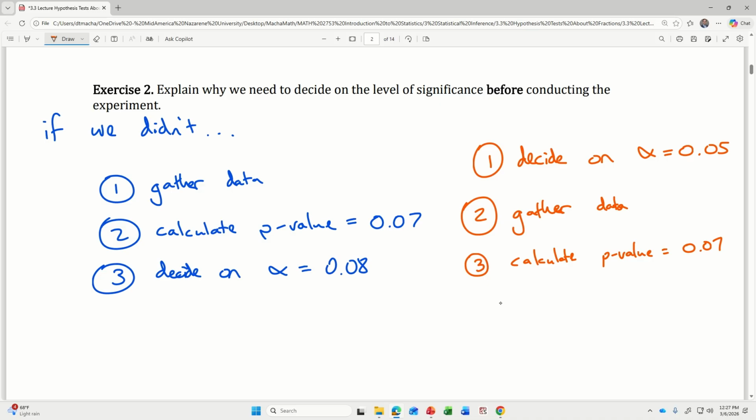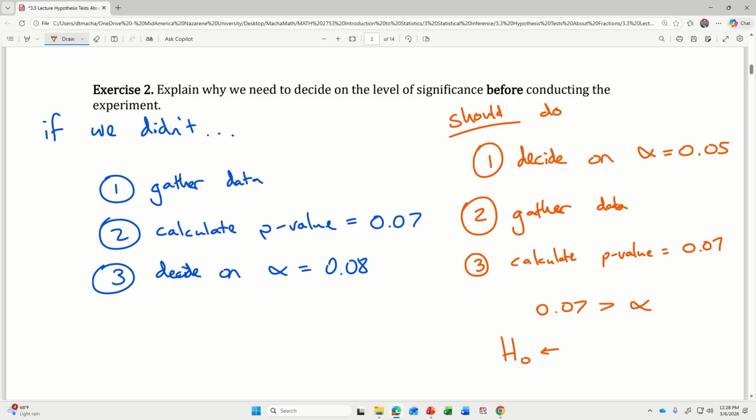Well, in this situation, which is what we should do, 0.07 is greater than your level of significance, and so we conclude in favor of the null hypothesis when we publish. The whole idea is you want to be unbiased by the data before you make this decision. You need to decide how much evidence is really needed before you've gone and conducted your experiments. That way you're not biasing your conclusion.